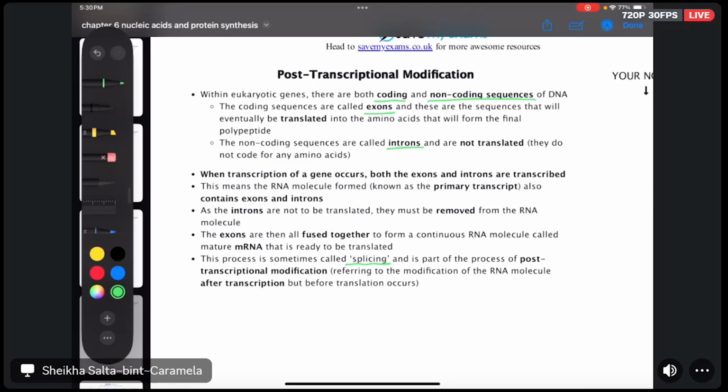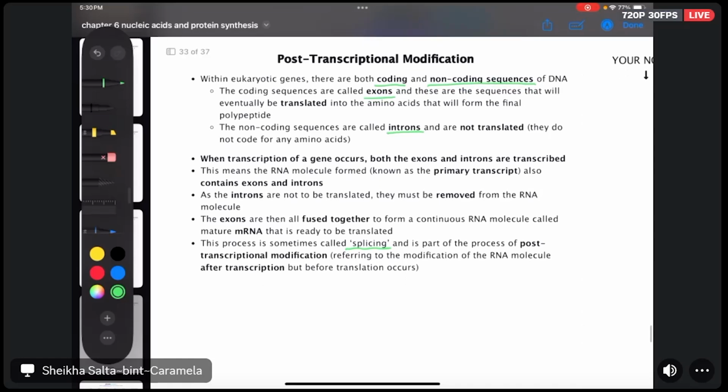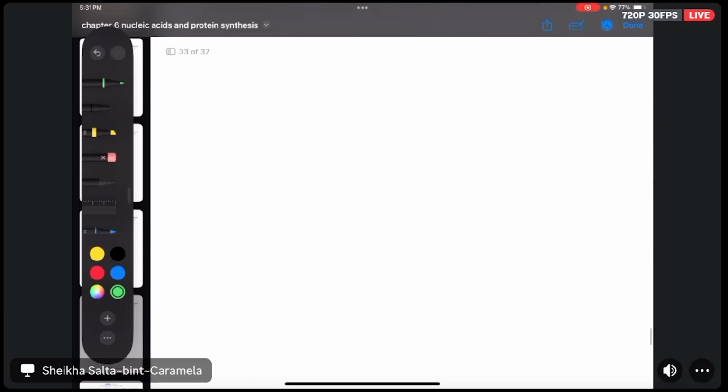That's what you need to learn for this. And once the splicing is done and the post-transcriptional modification occurs, then the mRNA molecule is ready to be translated to form a polypeptide chain.